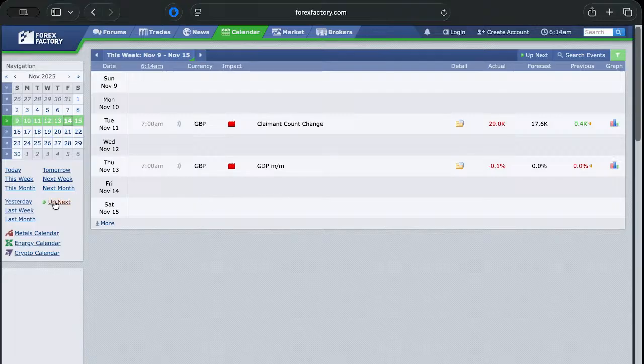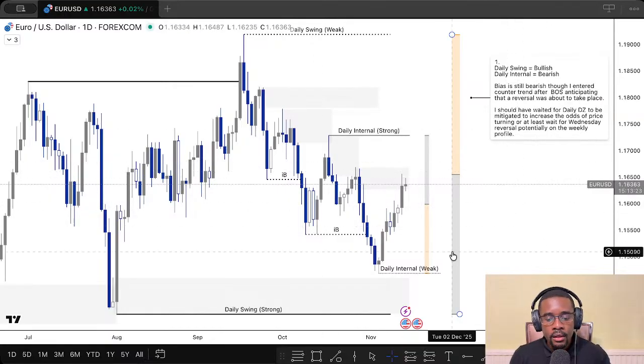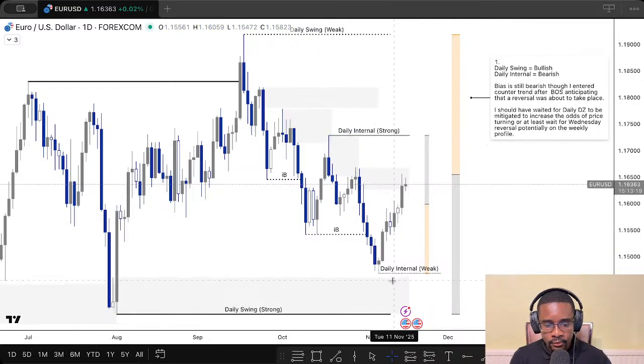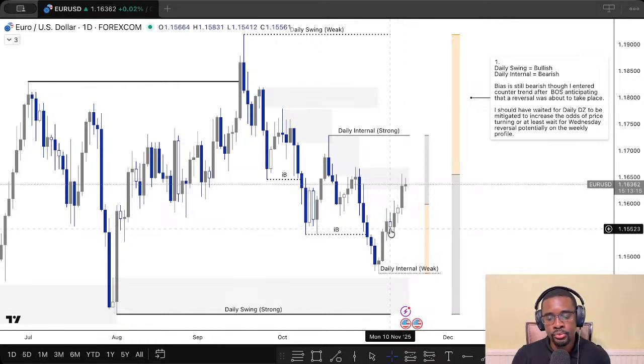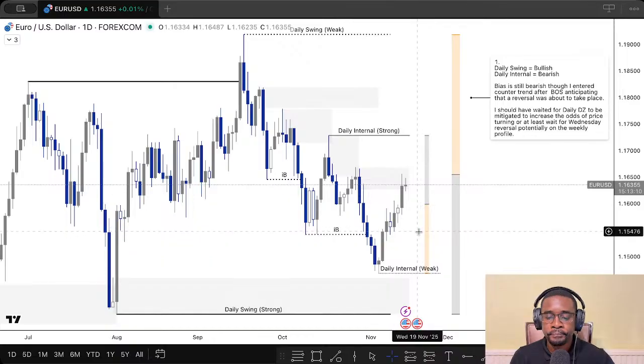So let's get on and do a recap for yesterday. Yesterday we were saying that we were bullish. We were expecting price to push up at least to mitigate the daily supply area.